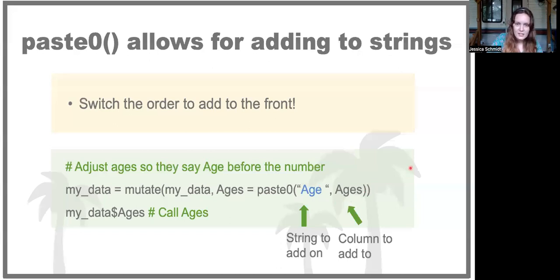So if Lacey is age 21, instead of just saying 21 in the ages column, I want it to say "age 21". Since ages is already a string, we can actually do that. We can work with characters like that. So please give this a try and just make sure it works as expected.